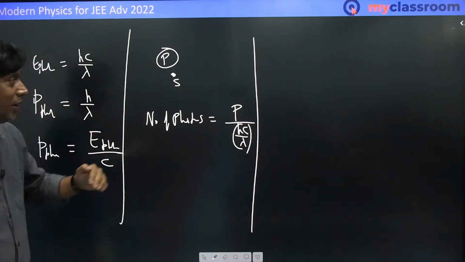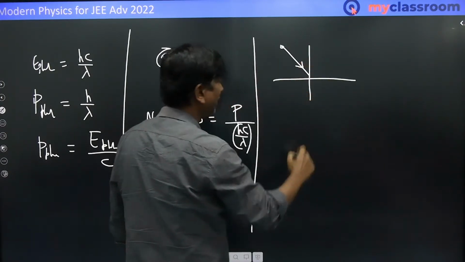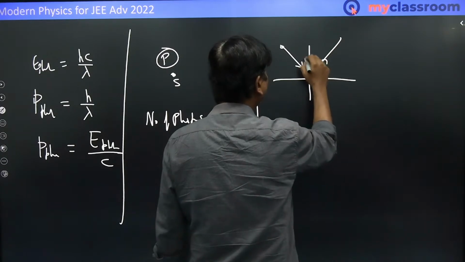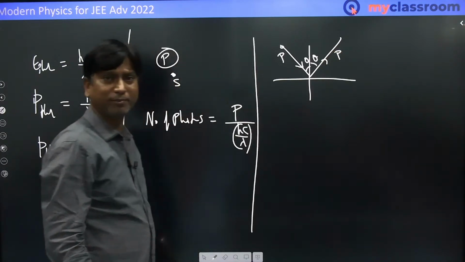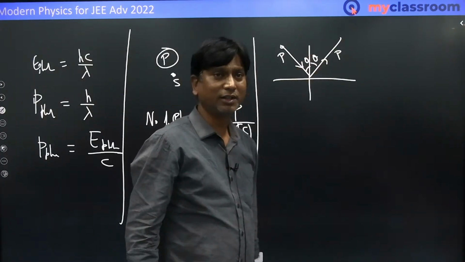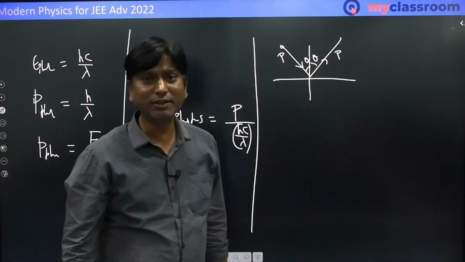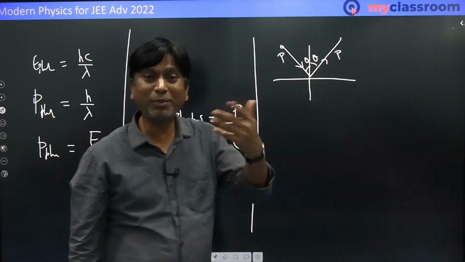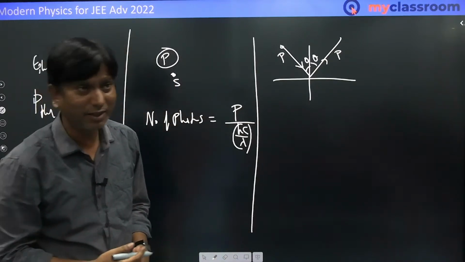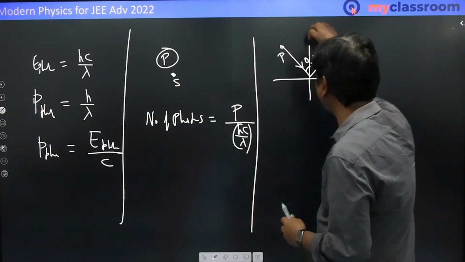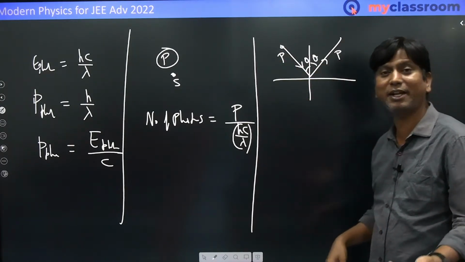And one more thing: whenever a particle strikes a surface at some angle theta and reflects with the same angle, with the same momentum p in a different direction, what is the change in momentum? It is something like an oblique collision.